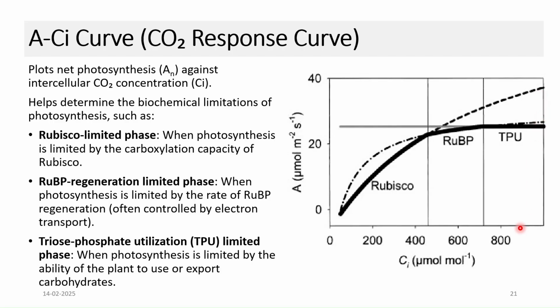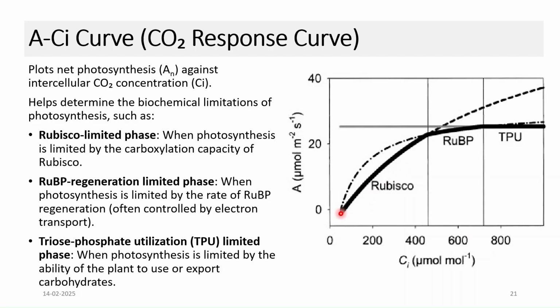So this is the graphical representation of how the minimum values of AC, AJ, and AP are to be considered as the A net value. The three photosynthetic rates are calculated, and the least of the three is selected.